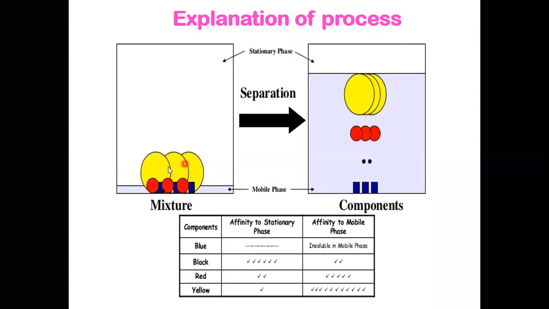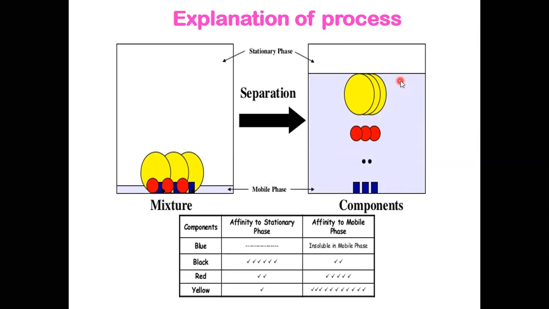The right side shows the TLC plate after the separation. You can see the blue color travel from the bottom to the top. This is the mobile phase, and this distance is traveled by the mobile phase.